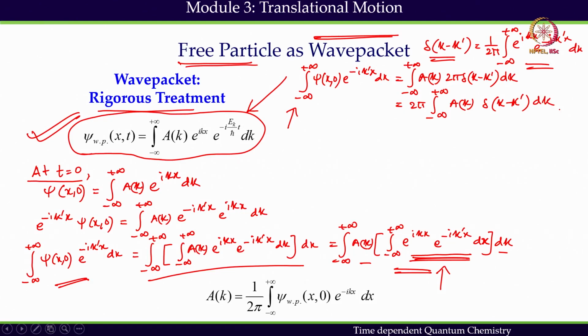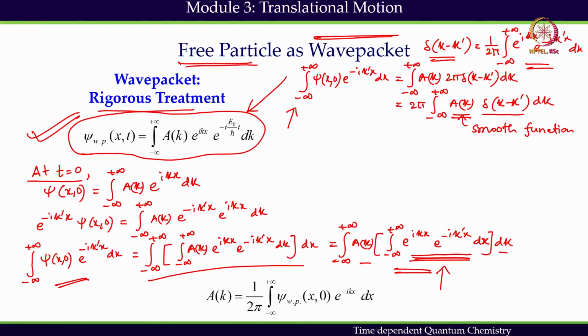So, when a delta function appears inside an integral as one component of the product with a smooth function, the value of the integral becomes simply the value of the integrand at the position of the delta function. So, this is another property of the delta function.